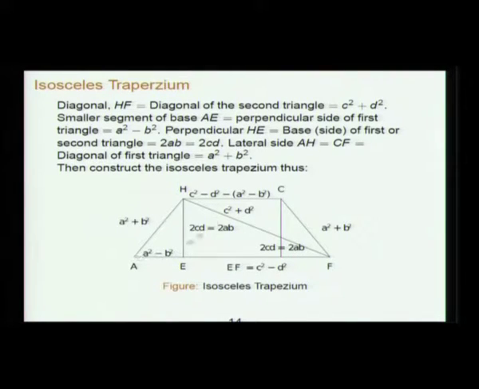The smaller segment of base AE is the perpendicular side of the first triangle, A squared minus B squared, perpendicular HE is the base side of the first or second triangle, so 2CD is equal to 2AB, and the lateral side AH, the flanks as they are sometimes called, is equal to the diagonal of the first triangle, so it is A squared plus B squared. Finally this is the isosceles trapezium got from this. Everything is rational, even the segments and all that, right. So that is important.